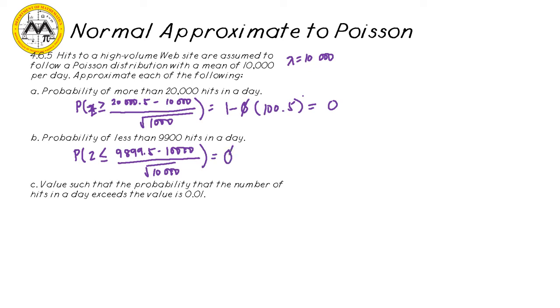So this is phi of (9,899.5 minus 10,000) divided by square root of 10,000. So this is negative 1, and phi of negative 1 is 0.15866.